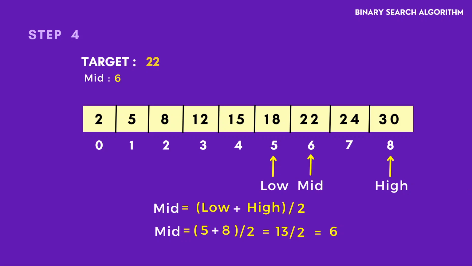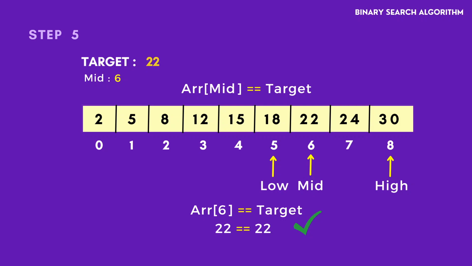Now we have all these three, and the first condition is always array of mid is equal to target. What is mid? Mid got changed to 6 now. So array of 6th position is equal to target? Yes, correct. The value at mid position 6 is 22, and our target value is also 22. Whenever these two are equal, you need to return the mid.